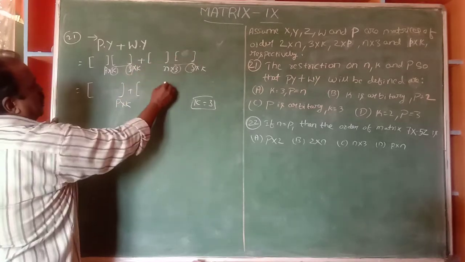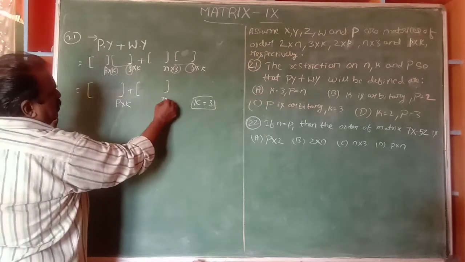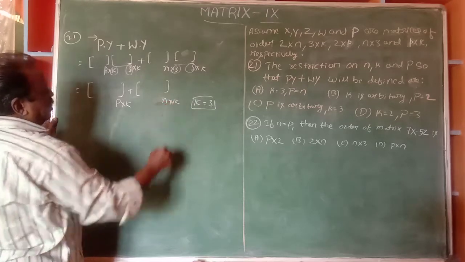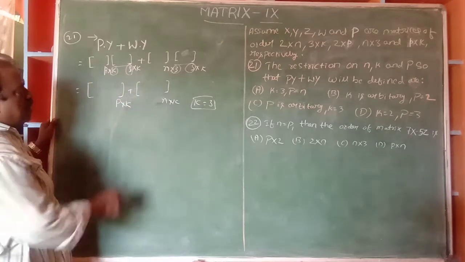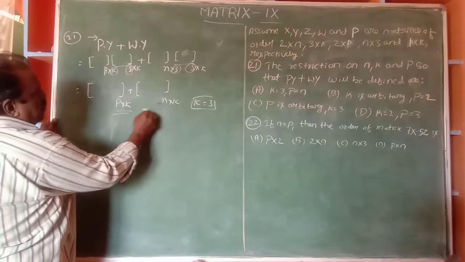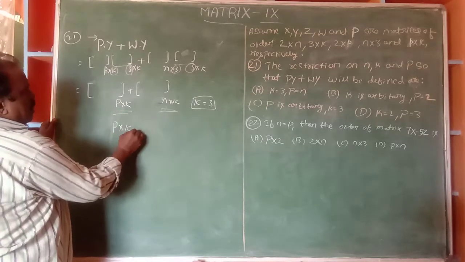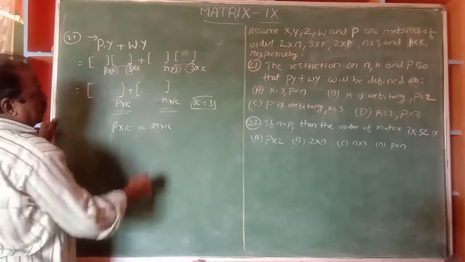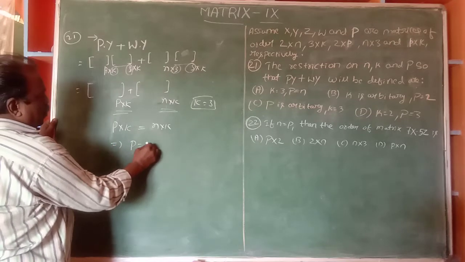The product of two matrices is again a new matrix, which is p by k, since k and 3 cancel. Here also, the product of W and Y is a new matrix, where 3 cancels, giving n by k. If two matrices are added together, the order must be the same. That means p by k must be equal to n by k. Of course, k is okay. That implies p is equal to n.